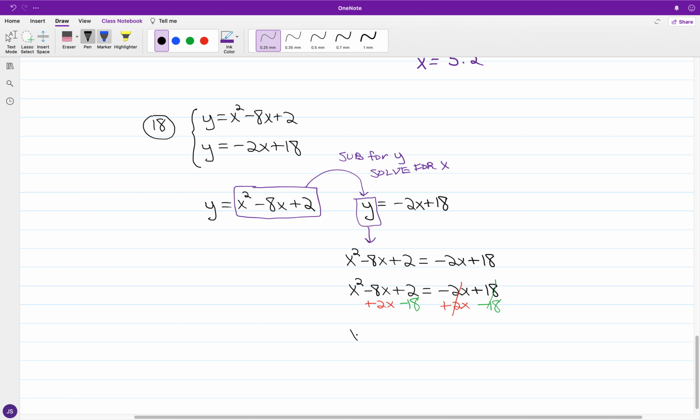And so we're going to have x squared minus 6x minus 16 is equal to 0.